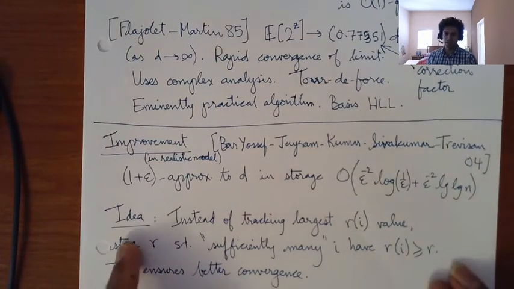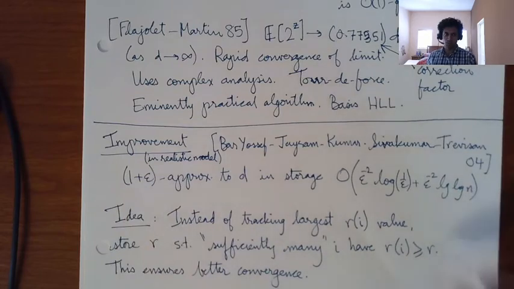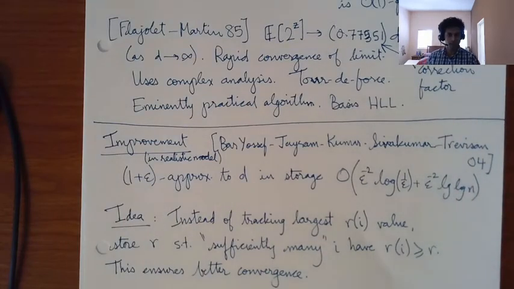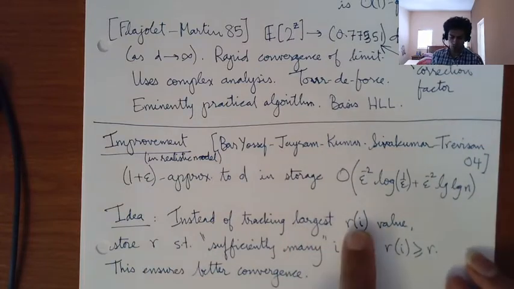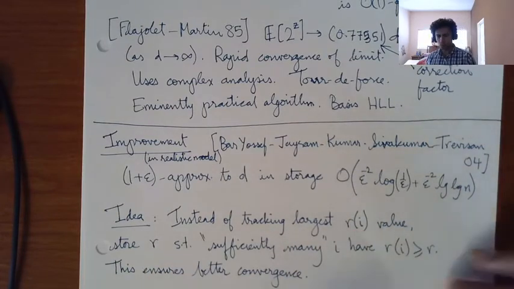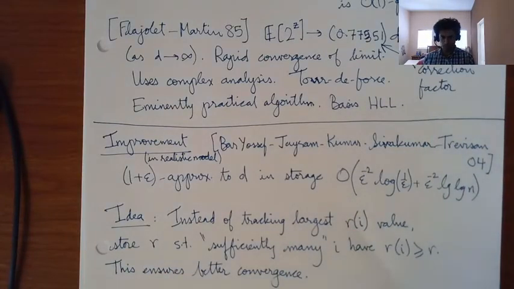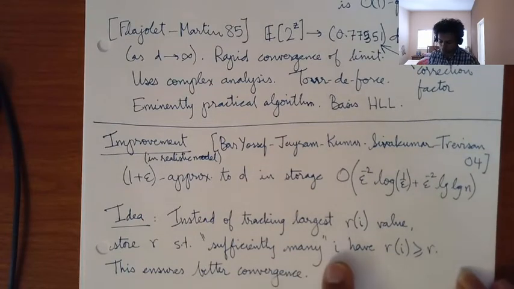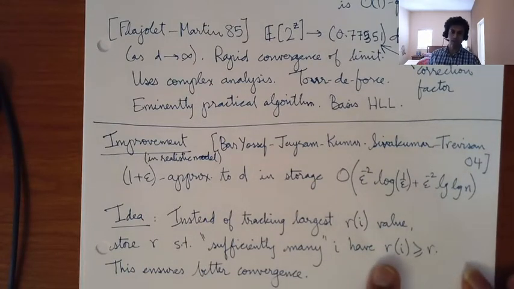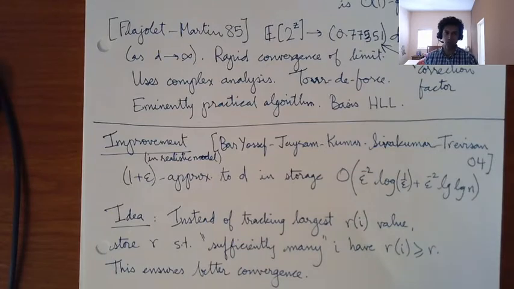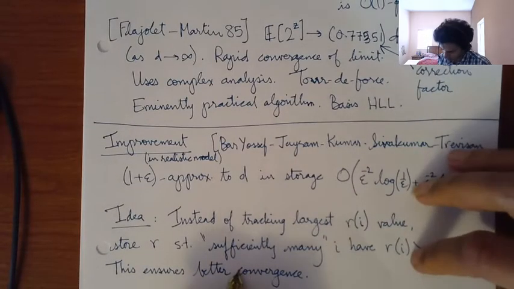Instead, the idea here is, to be able to get a 1 plus epsilon approximation, you need some kind of concentration. And that concentration is achieved by, instead of storing the largest, you store a smaller value R such that sufficiently many i have R_i greater than R, and this will ensure better approximation.